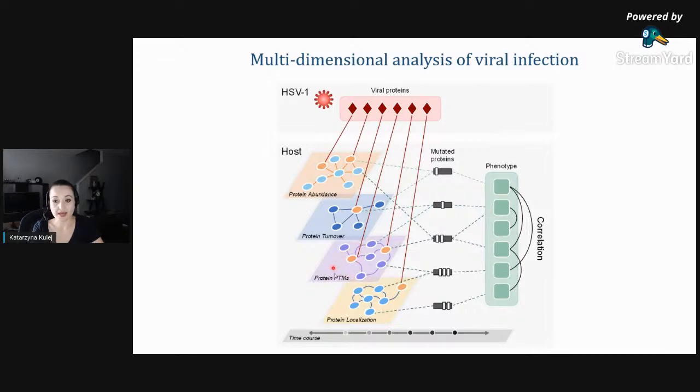Of course, as you saw, I accumulate information about phosphorylation, but we also currently have data sets about ubiquitinations in infections. So what we do is overlay all of these pieces of information to try to, as best as possible, describe the protein and define what is happening to it through infection.